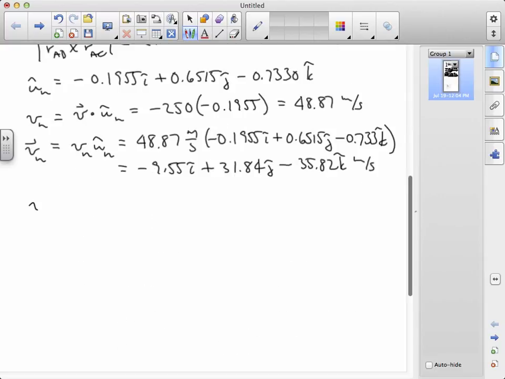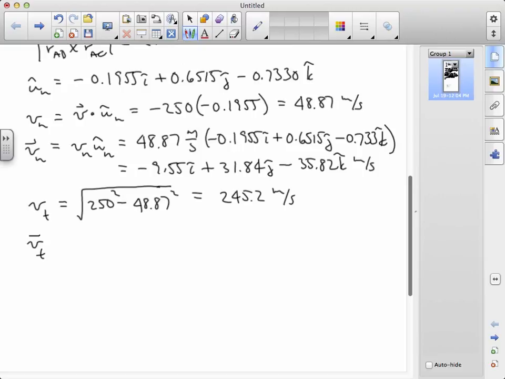The magnitude of our tangent velocity is the square root of v squared minus vn squared, so that's 250 squared minus 48.87 squared, all of that square root, and that ends up giving us 245.2 meters per second.